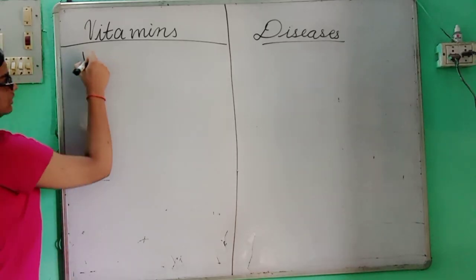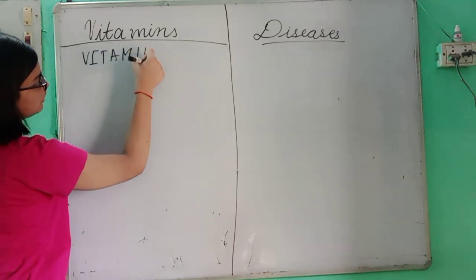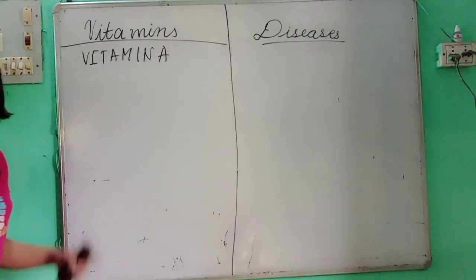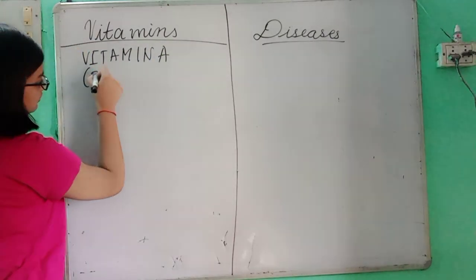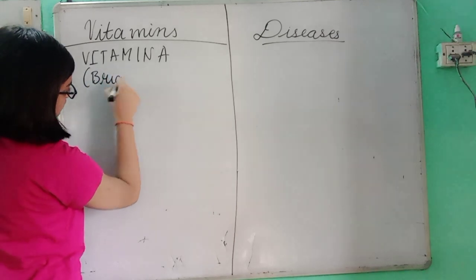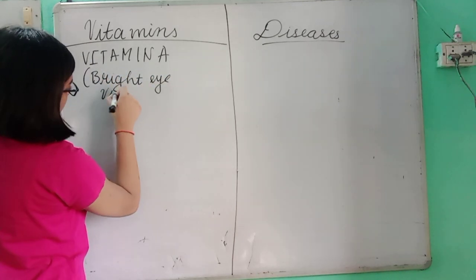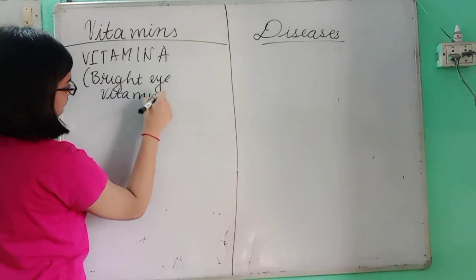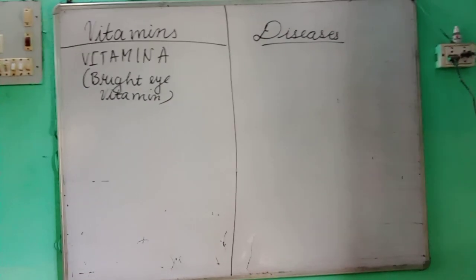So let us start with vitamin A. Vitamin A is also known as bright eye vitamin.